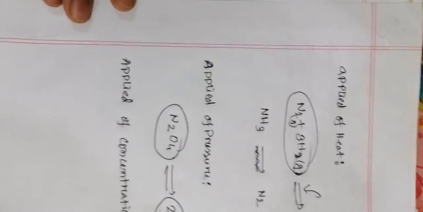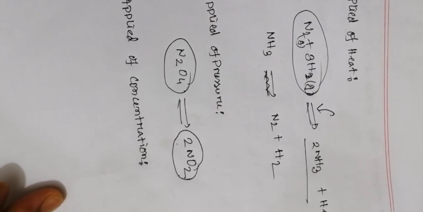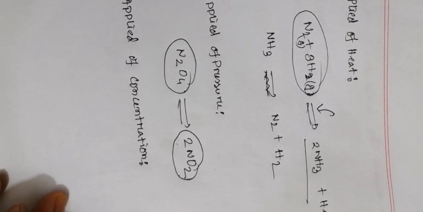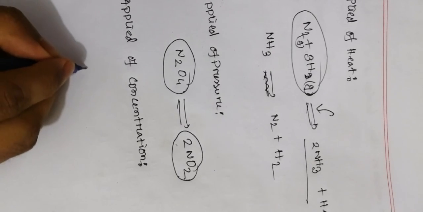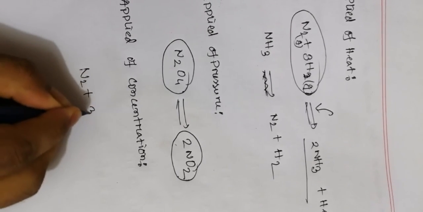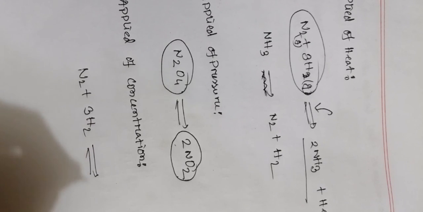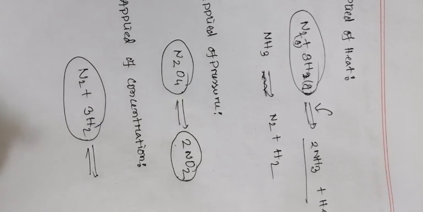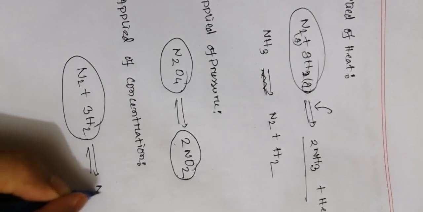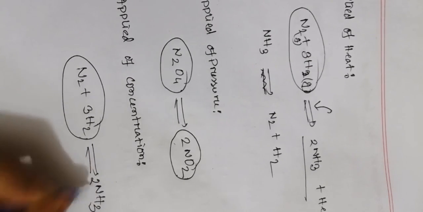Application of concentration is very simple and very easy. If we increase the concentration of the reactant, the reaction rate is increased in the forward reaction and the backward reaction is decreased. That means if we increase the nitrogen and hydrogen, the forward reaction is increased and production of ammonia is increased.